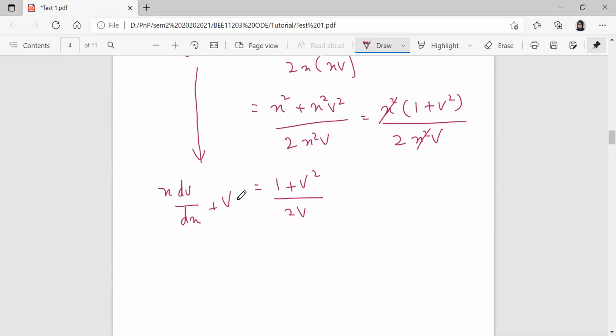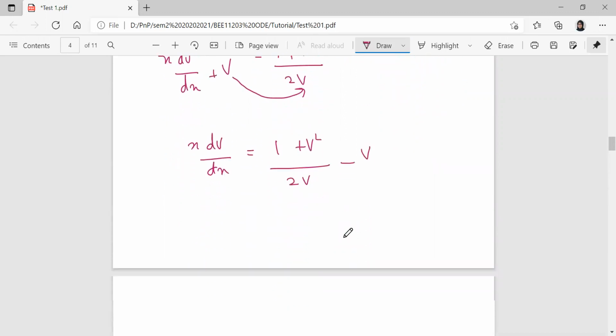Next we bring v to this side, so x dv over dx equals 1 plus v squared divided by 2v minus v.